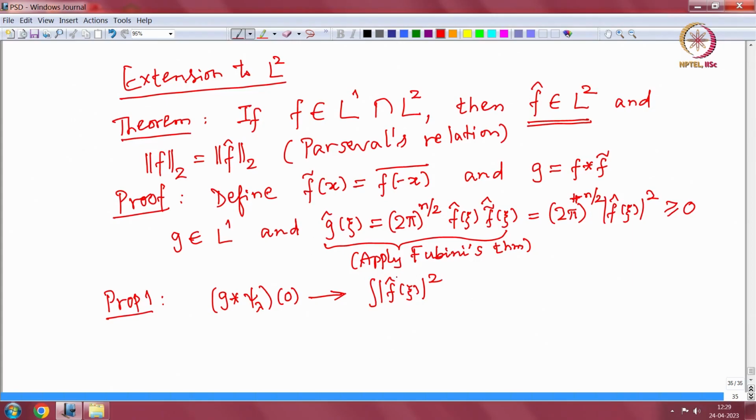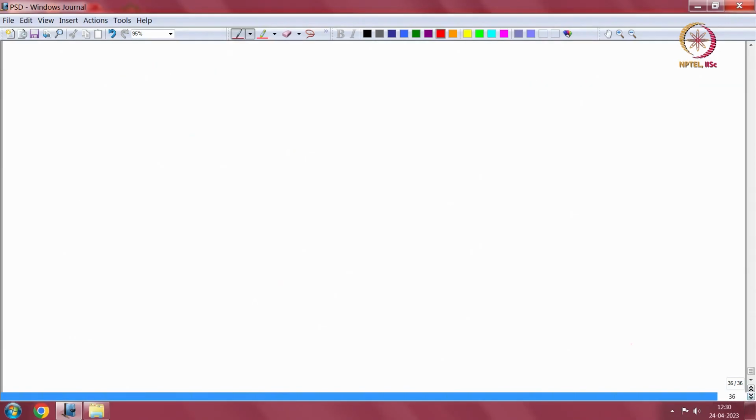So we can apply proposition 1 to conclude this. This just follows from the monotone convergence theorem.